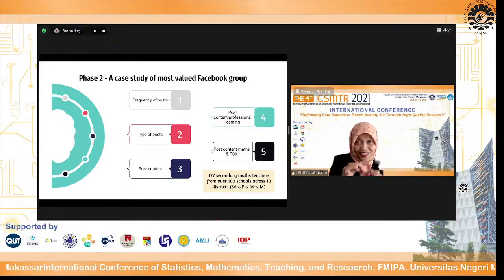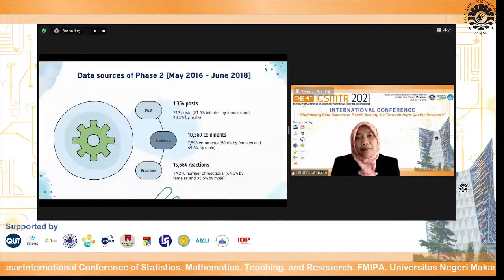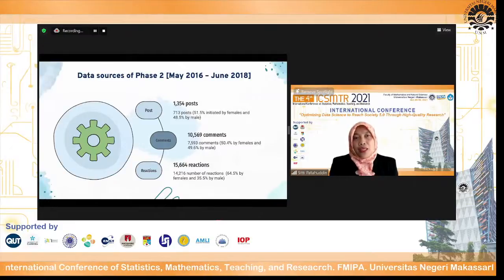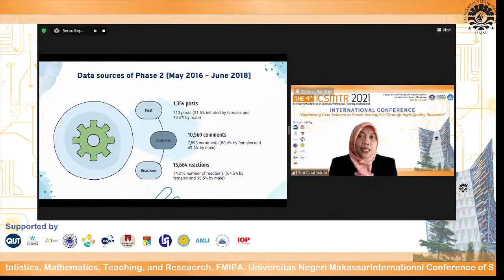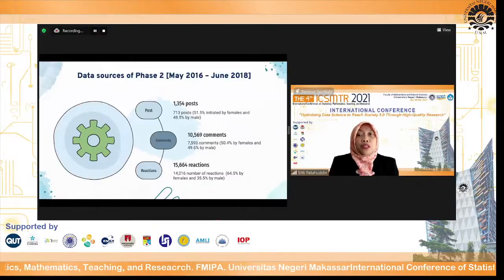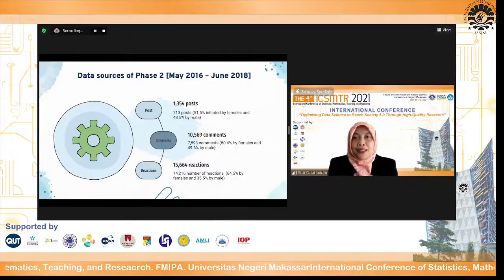We zoom in, okay? Nah, sekarang pada fase 2 misalnya, itu postingan yang kami ambil itu dari Mei 2016 hingga Juni 2018. Sebenarnya postingan di situ banyak banget, ya, lebih 1.000, jadi ada 1.354.